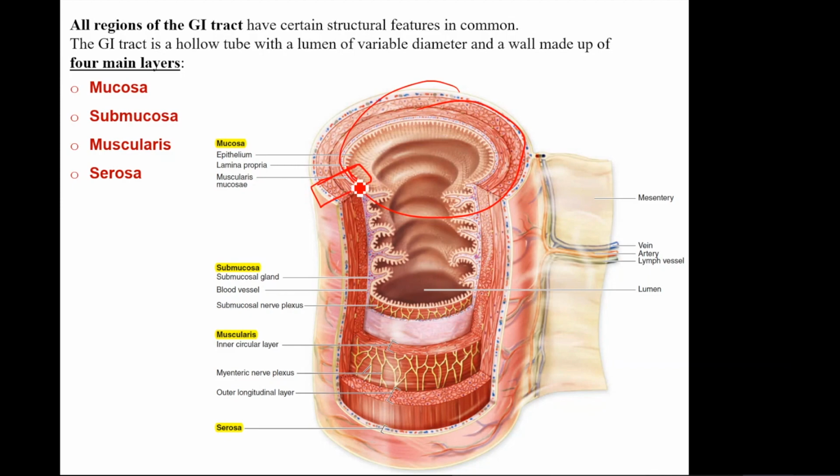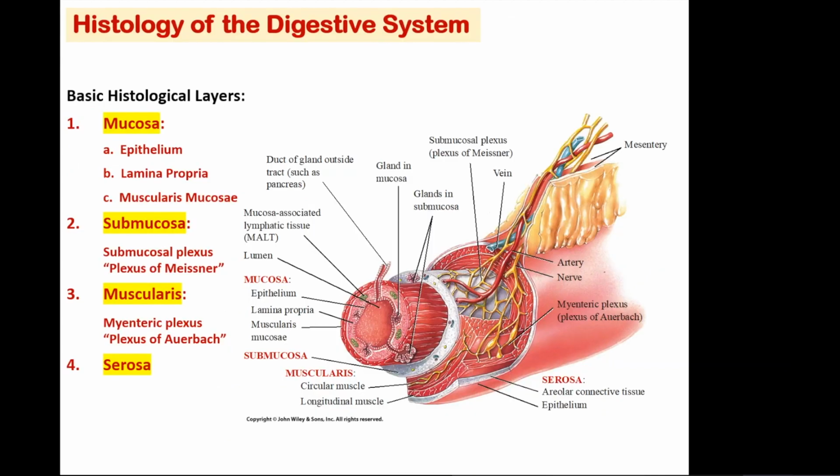You have a mucosa, submucosa, and muscular layer, and it is covered outside by serosa. But let me show you here. This is again a cross section through the GI system, and you see the basic histological layers, the four layers starting from the mucosa.